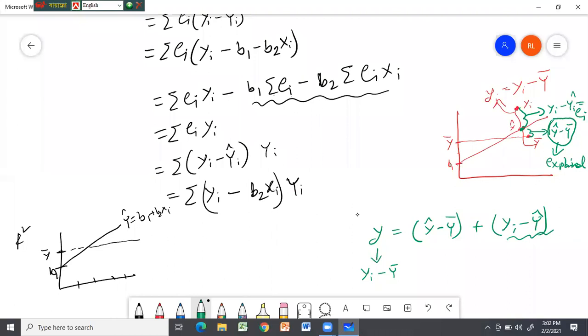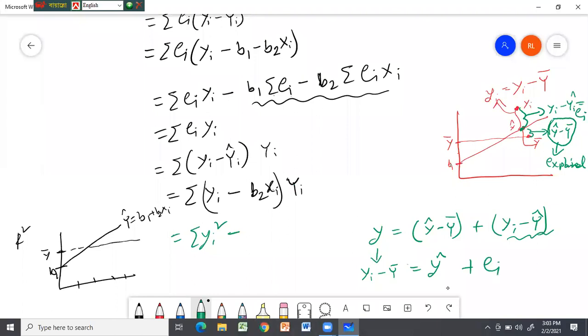So when you are multiplying this, sum of yi square, that is okay. This yi and yi becomes yi square, but there is no b1, because b1 has been already included in the y bar. This one becomes small y hat, and this one becomes your ei.